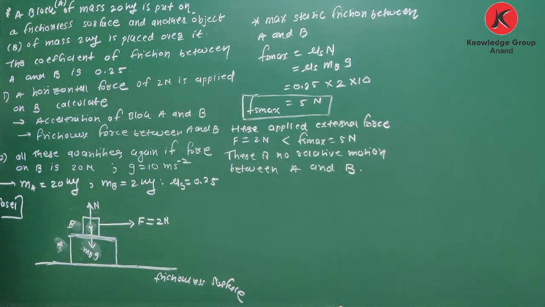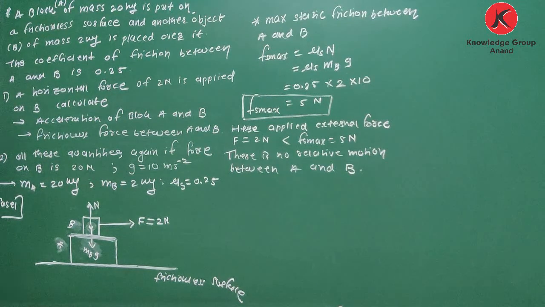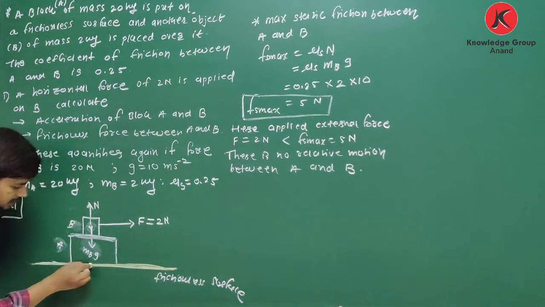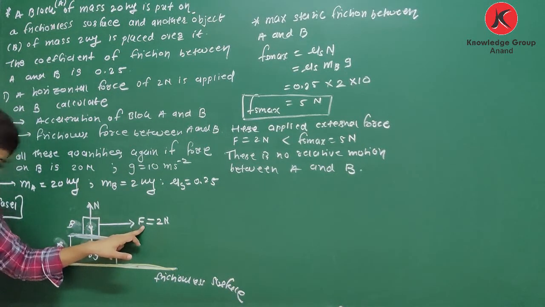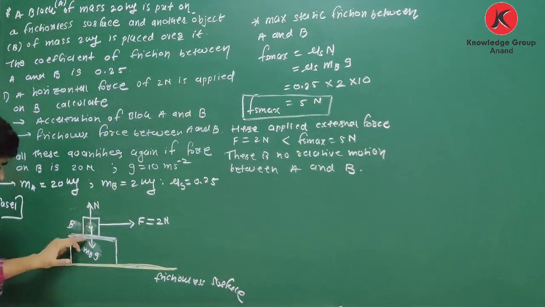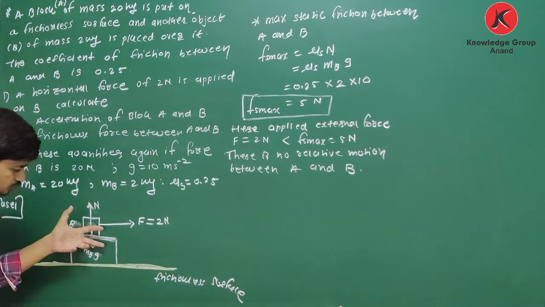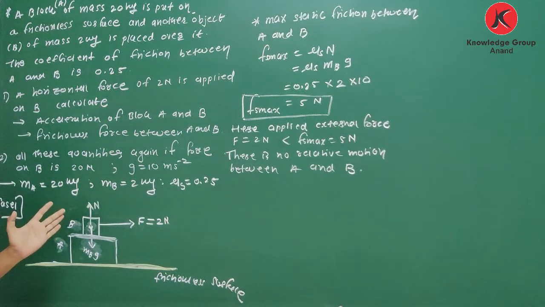Clear about this? So there is no relative motion between A and B. But as this surface is smooth, under the effect of this force of 2 Newton, these two blocks will move together. Clear about this?